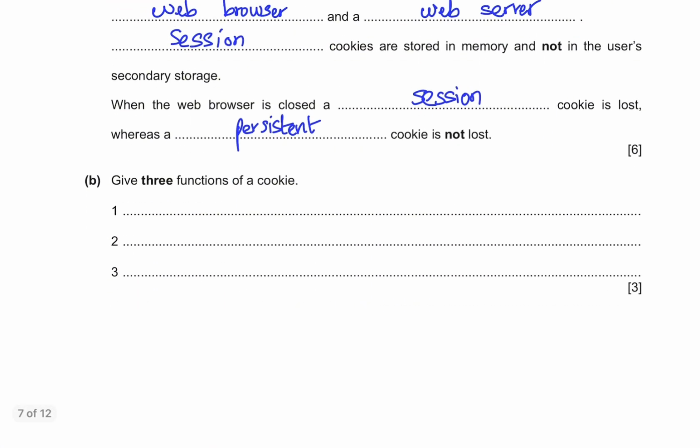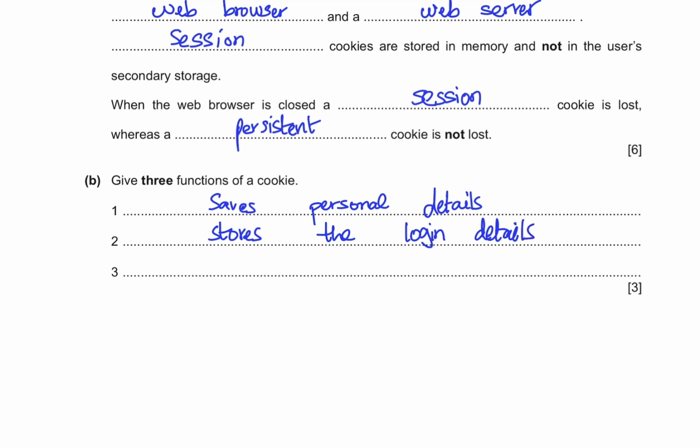Give three functions of a cookie. What does the cookie do? It saves personal details of you. It stores the login details. And it tracks the user preferences.